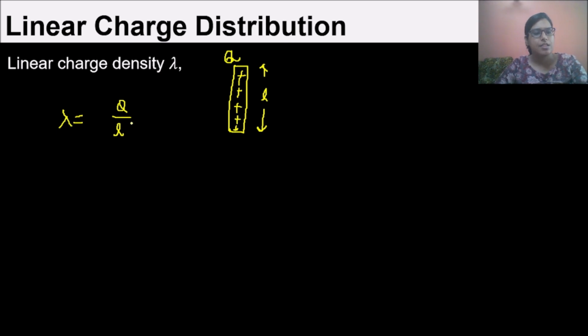Q is the charge uniformly distributed over this rod and L is the length of this rod.